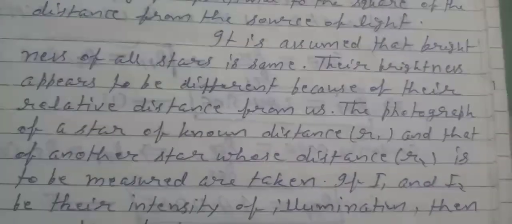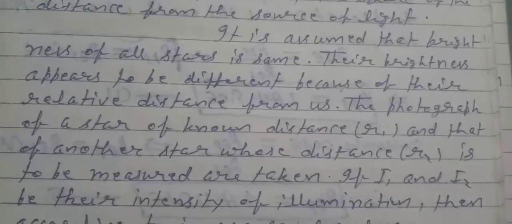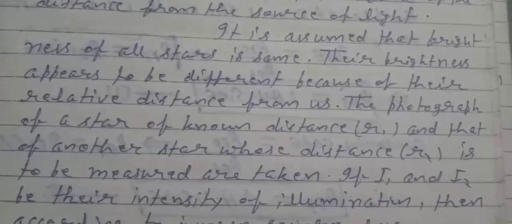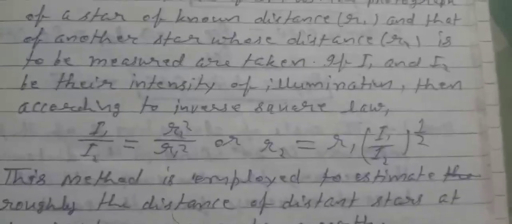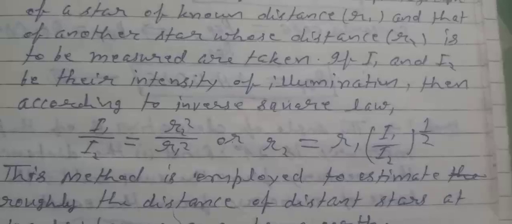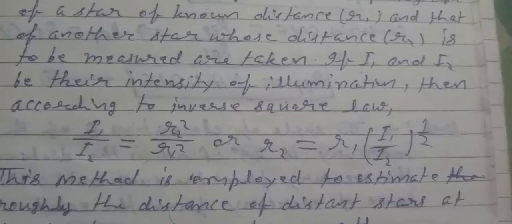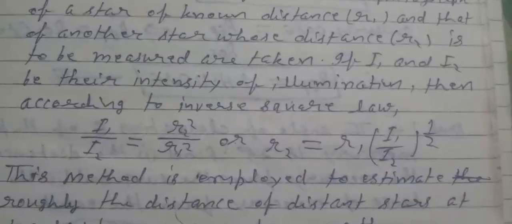The photograph of a star of known distance r1 and that of another star whose distance r2 is to be measured are taken. If I1 and I2 are their intensities of illumination, then according to the inverse square law, I1 by I2 equals R2 square by R1 square, or R2 equals R1 into (I1 by I2) to the power 1 by 2.